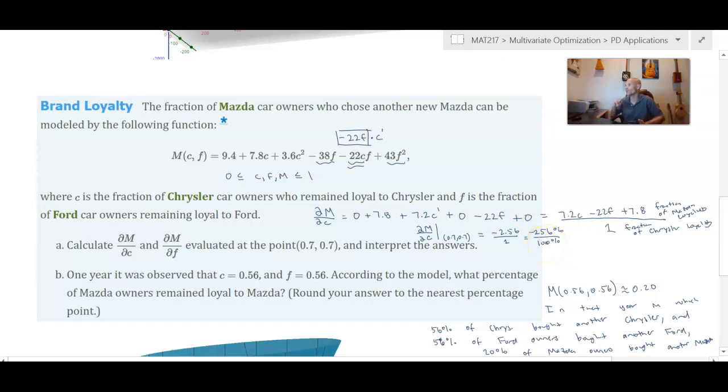So what this means is that for every 100% increase in the fraction of Chrysler loyalists, there is a decrease of 256% in Mazda loyalists.